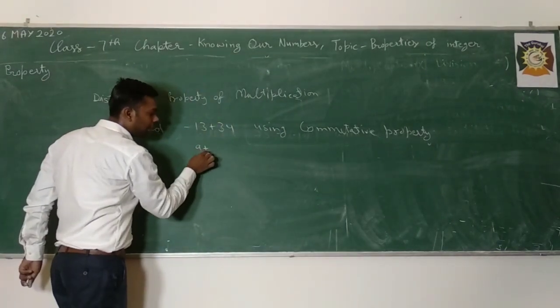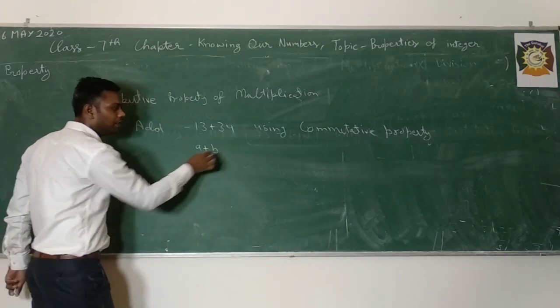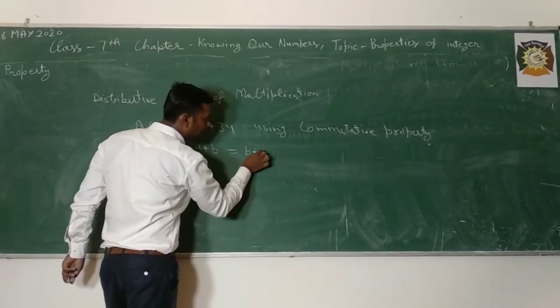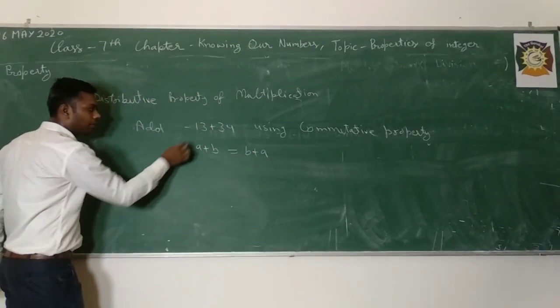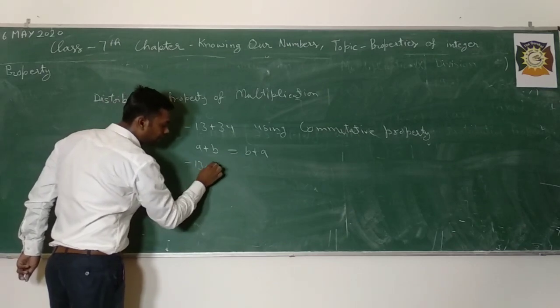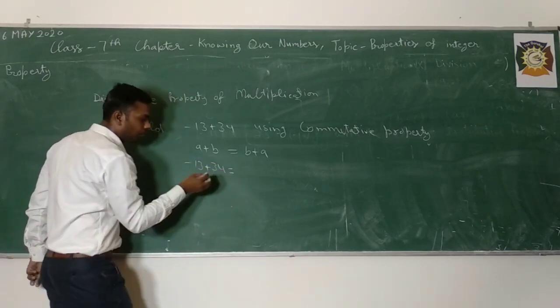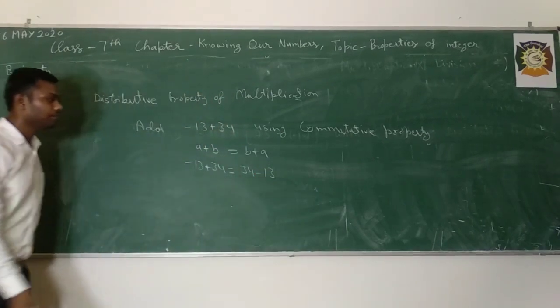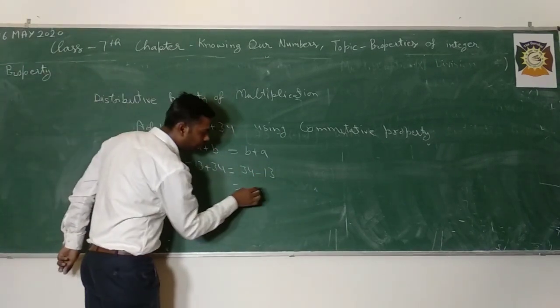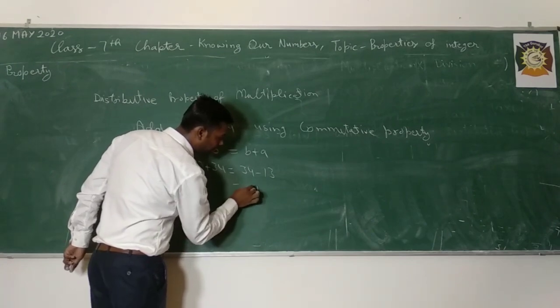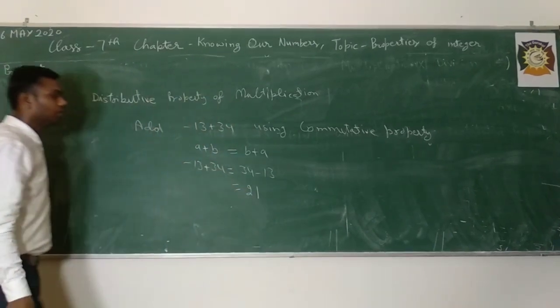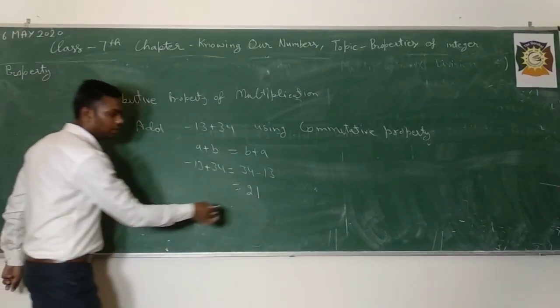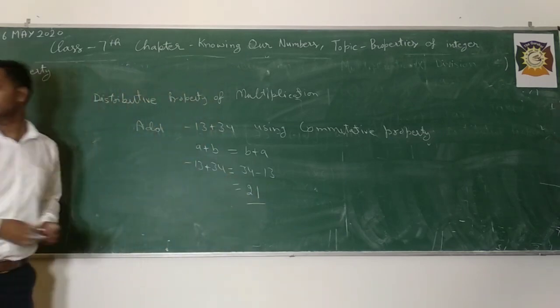Commutative property holds in addition, that is a plus b equal to b plus a. Change the order. Minus 13 plus 34 equal to 34 minus 13. That is equal to 21. That is the last question.